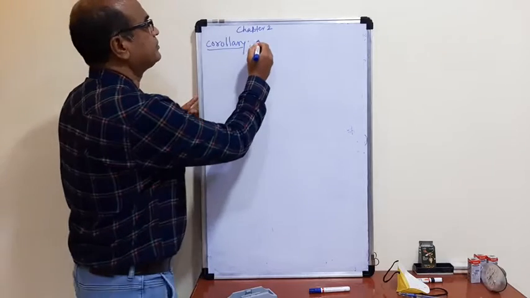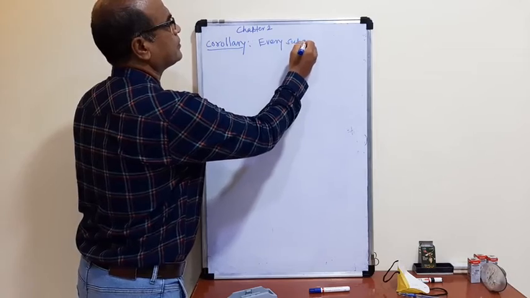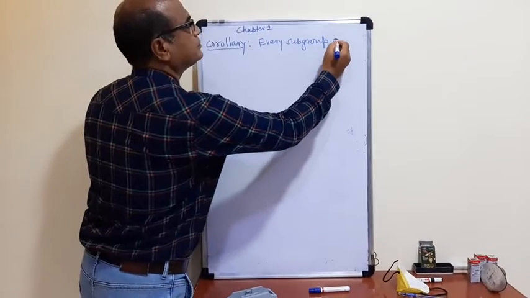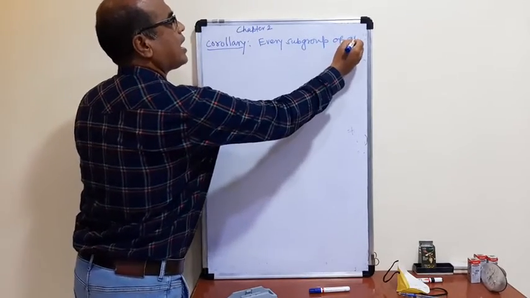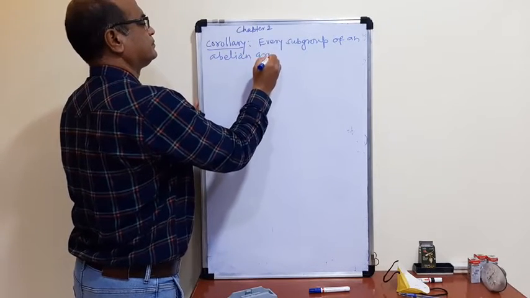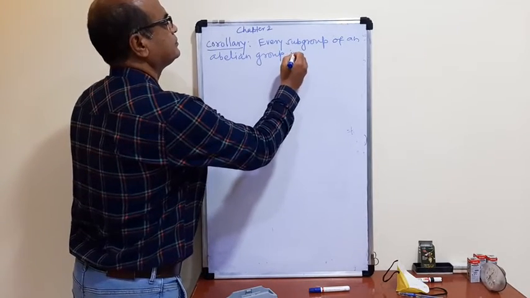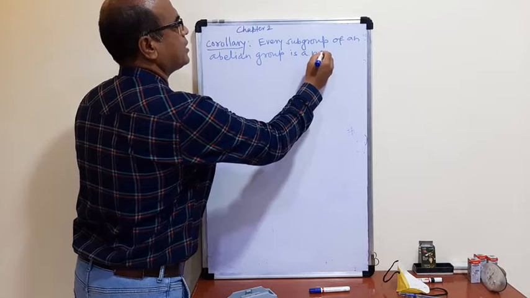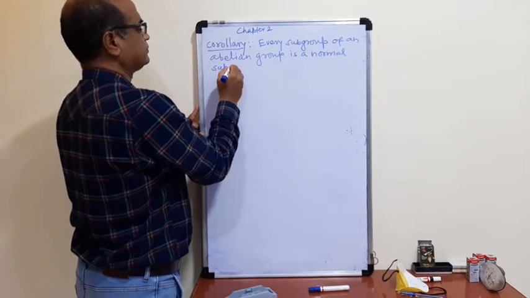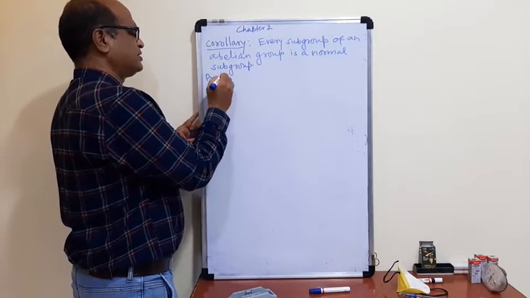Every subgroup of an abelian group is a normal subgroup. So that is the proof here. The proof is very simple.